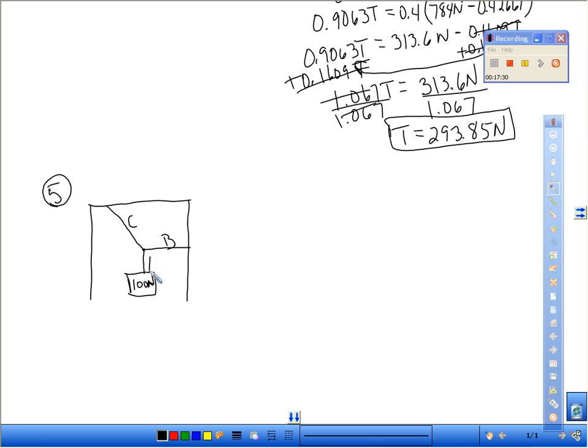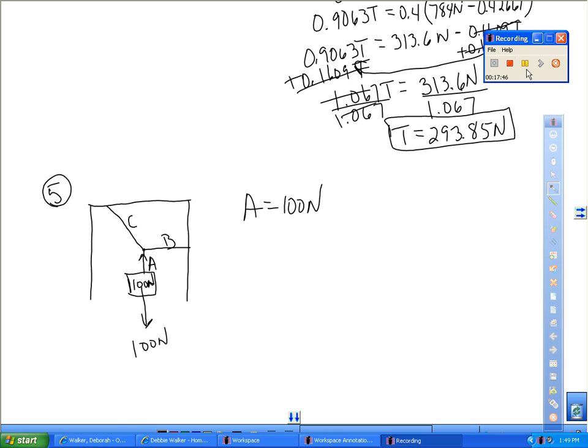So that's my tension A. Now, if I have 100 newtons straight down, then the tension in A must also be 100 newtons. All right, so I have tension A being 100 newtons.